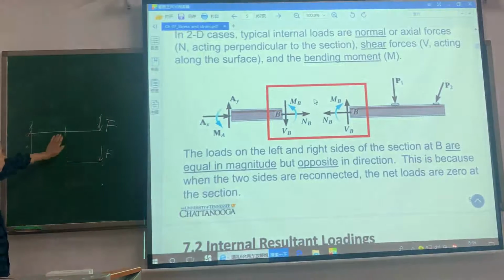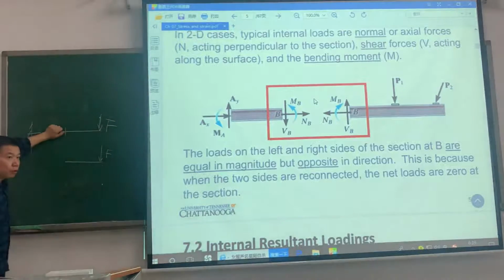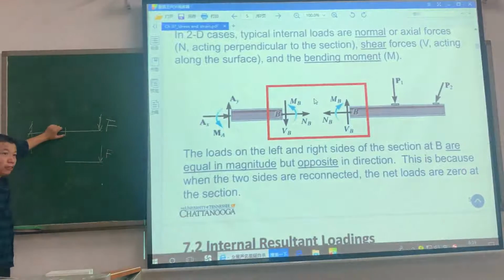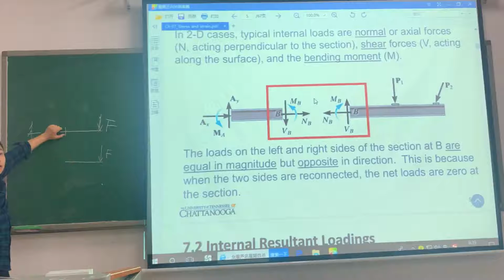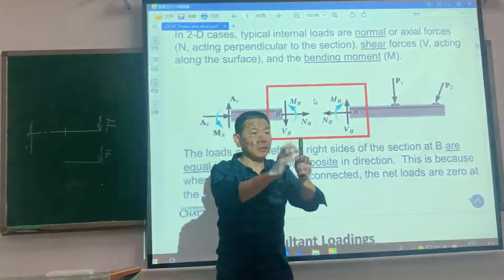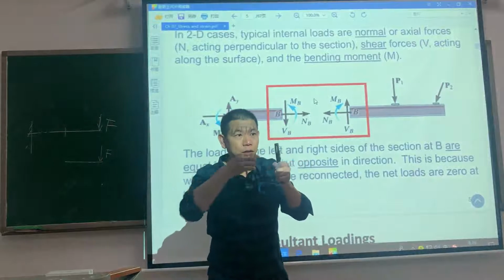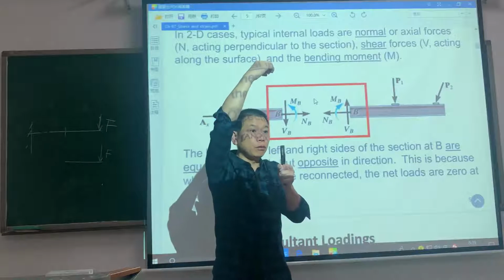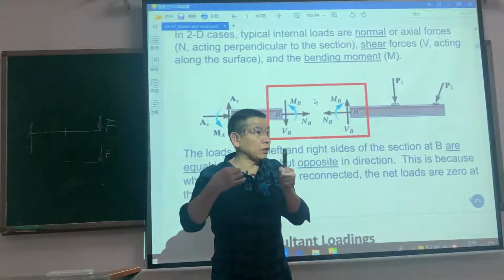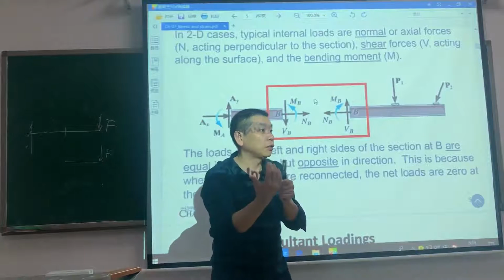Because this part is fixed, it can't move upward, can't move in the horizontal direction, can't rotate.